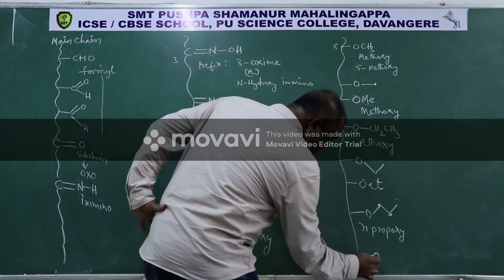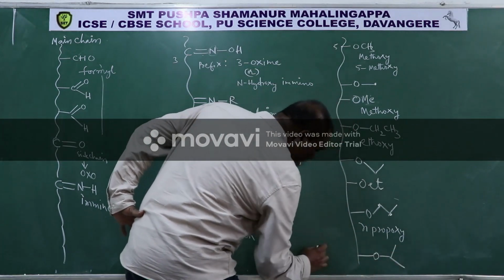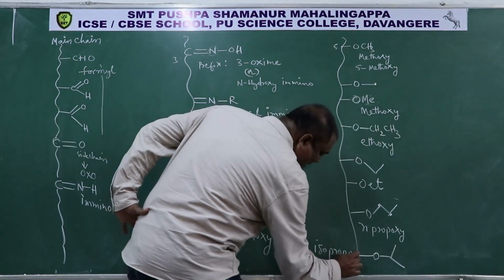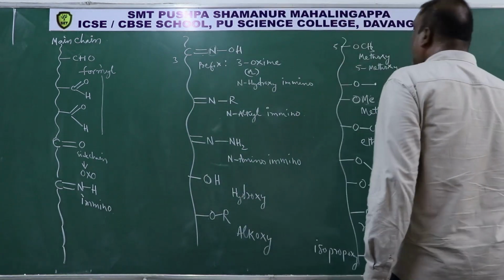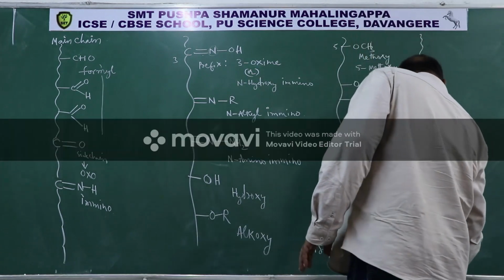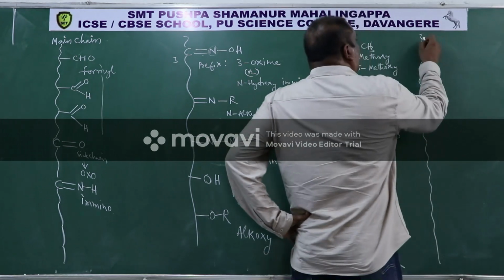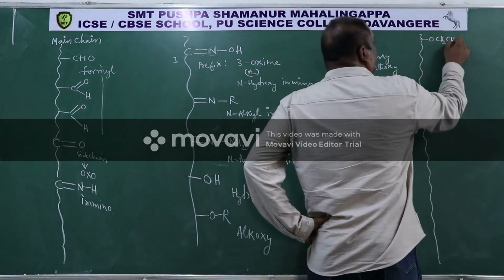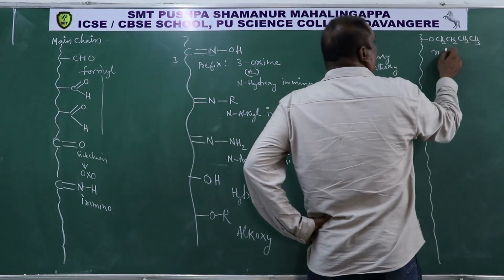Then this O is attached to again a propyl group, but it is called isopropoxy. Now here, this is the main chain. It is attached to oxygen, attached to CH2, CH2, CH2, CH3. Then it is called n-butoxy.